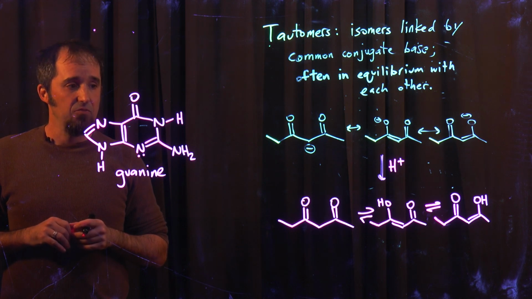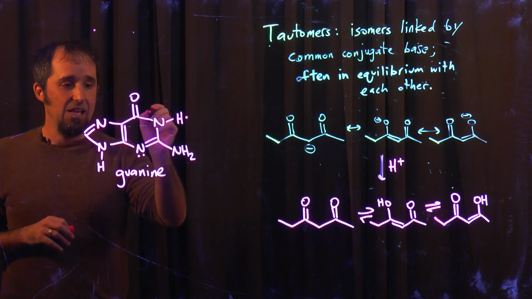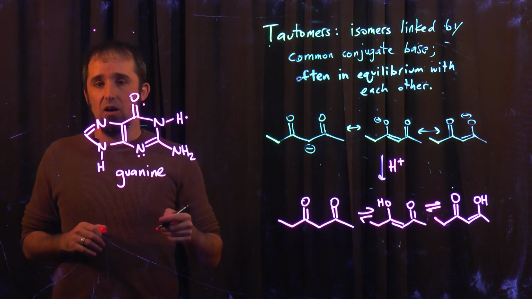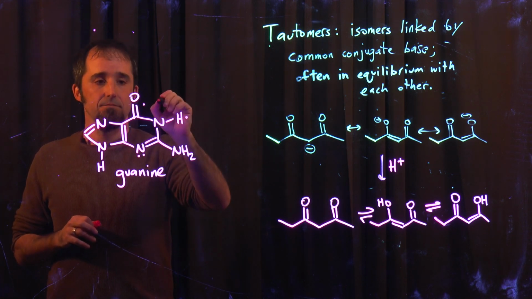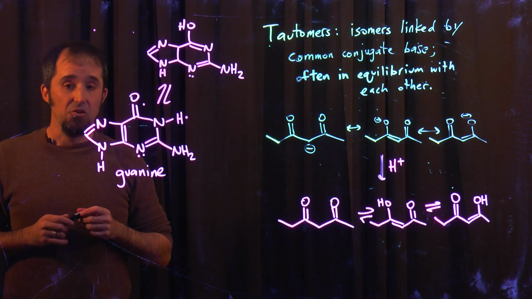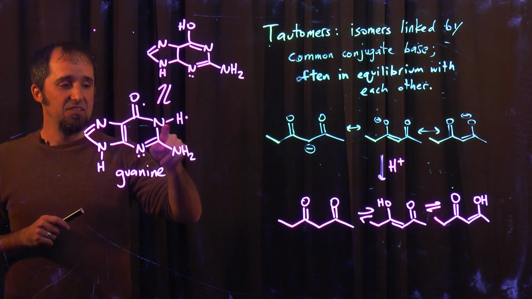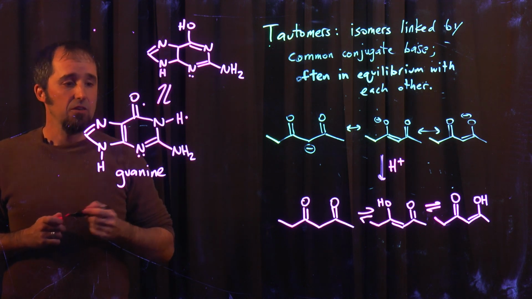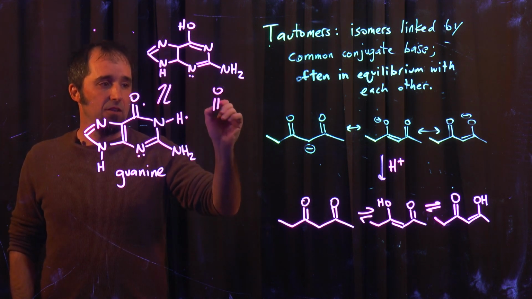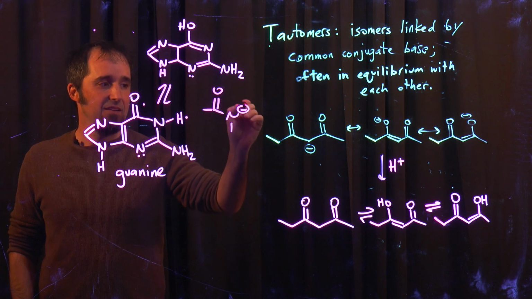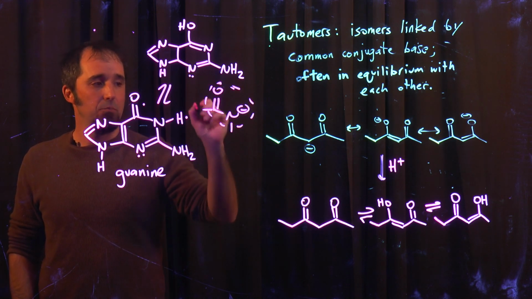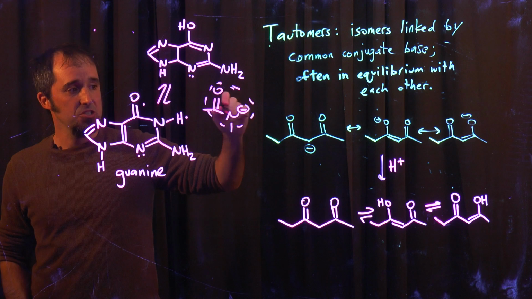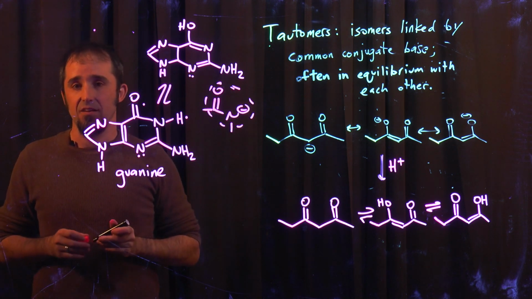So I might focus on that H and that pi bond and draw a tautomer like this. Okay, so do you see the difference? Here, this H is on nitrogen, but here, this H is on oxygen. And they're linked because I can think about, at least in my head, this conjugate base having that charge spread between the nitrogen and the oxygen.